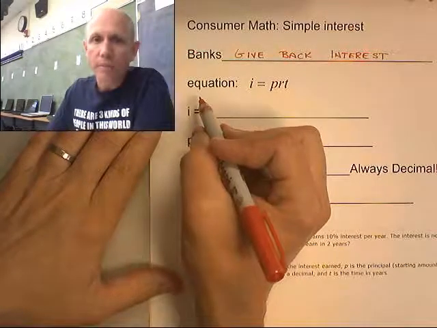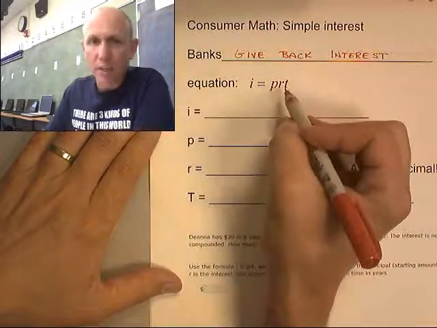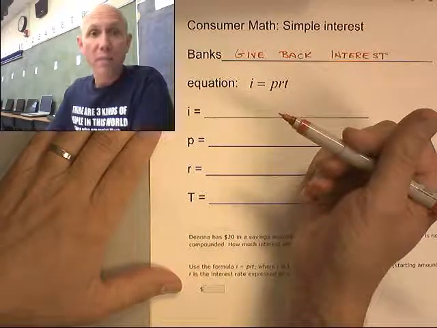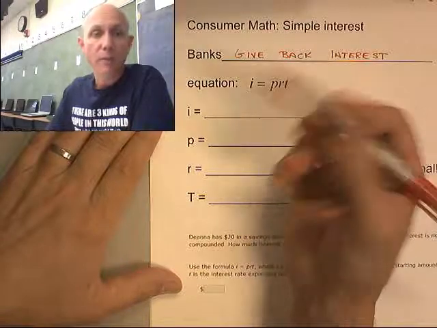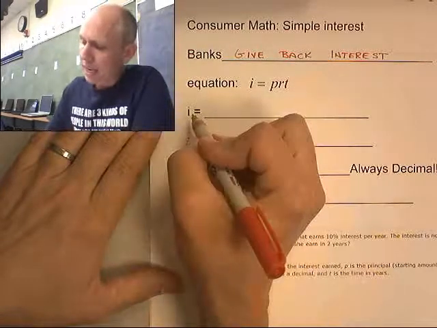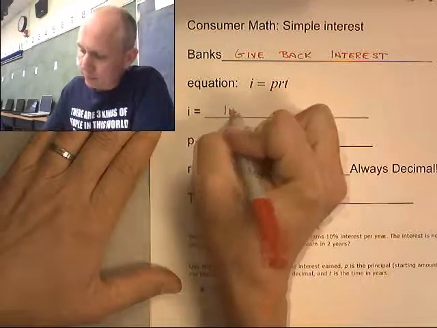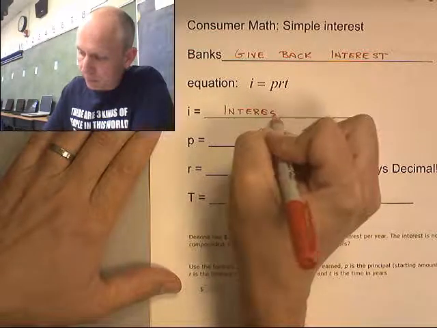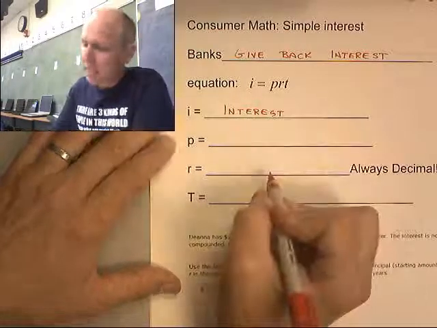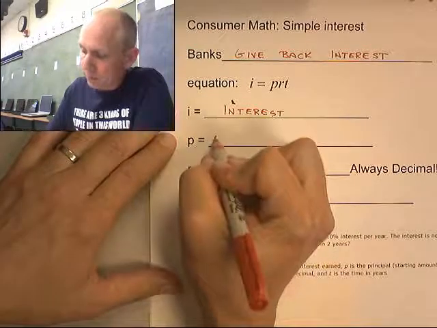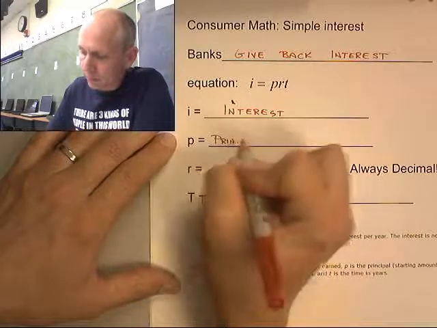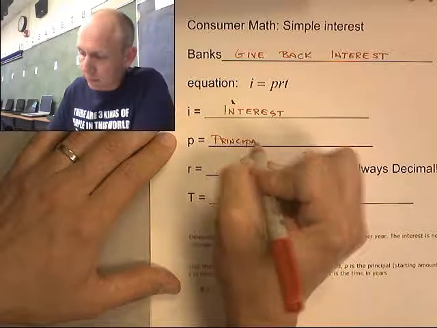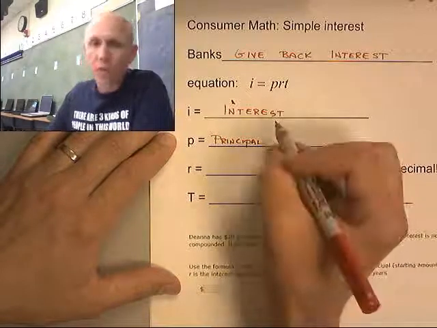Here's the equation for simple interest. This is to figure out how much money a bank would give me if I gave them some money to hold for a period of time. I stands for interest. P stands for the principal, or your starting amount.